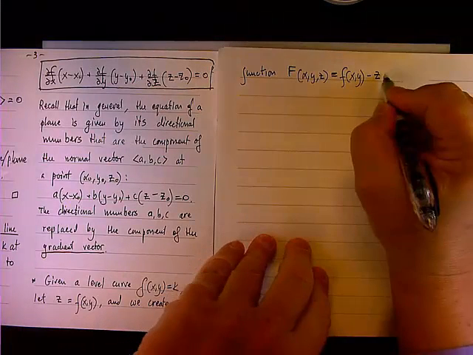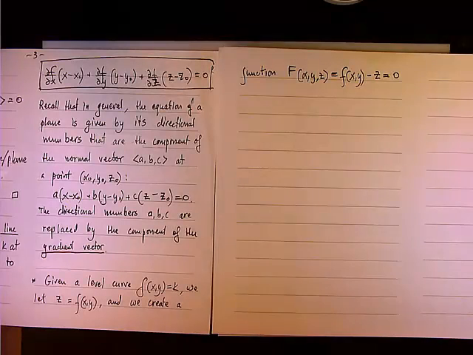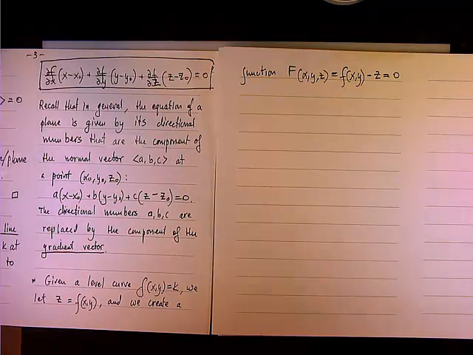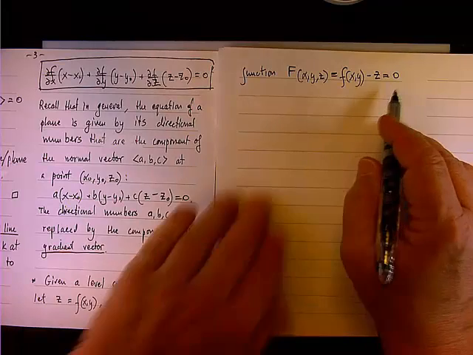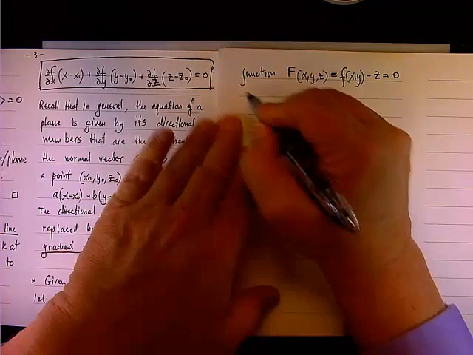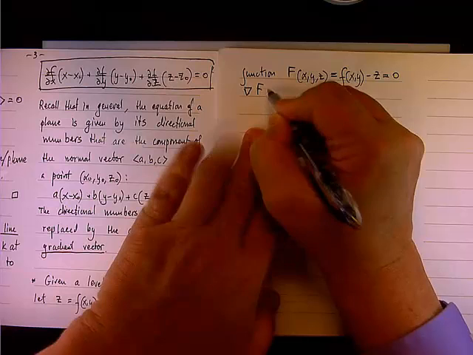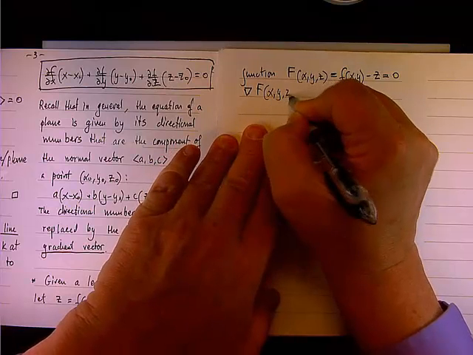So F of x, y, z will be f of x, y, the function that describes the level curve, minus z, like so. Of course this equals 0, because f of x, y equals z, or f of x, y minus z equals 0.